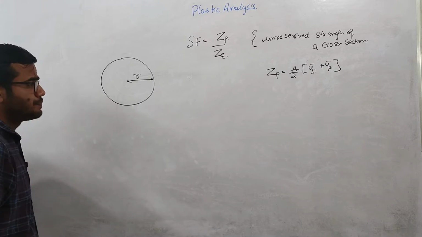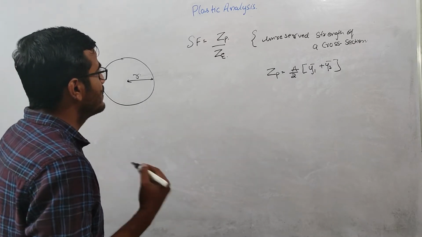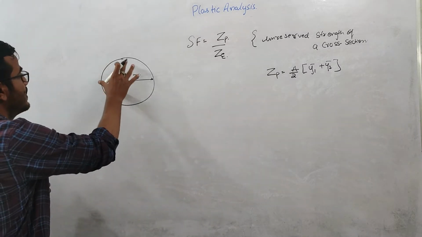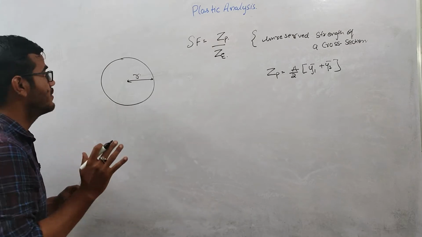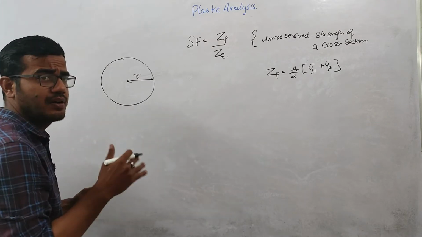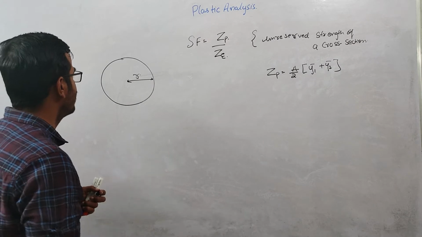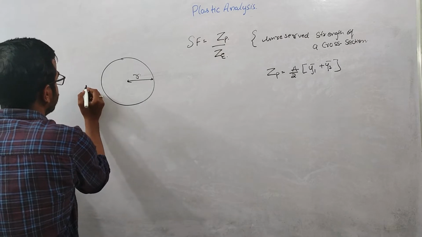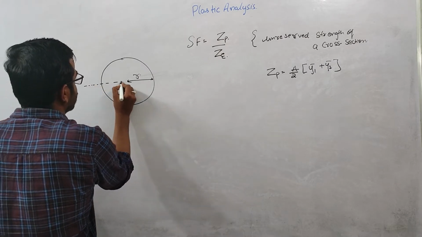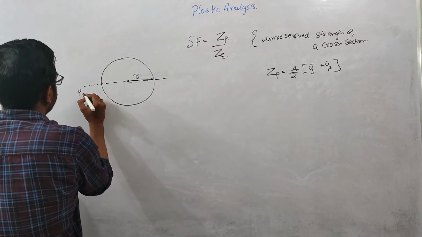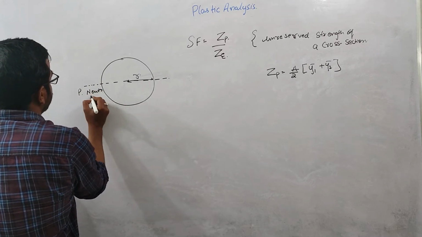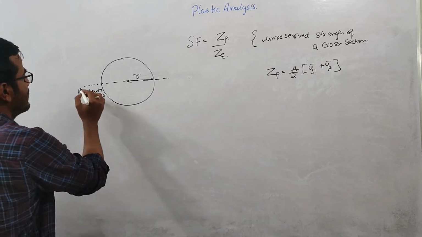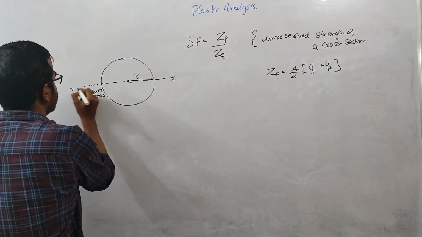When we are calculating the plastic section modulus, this section has yielded, which means each fiber has reached the sigma y value. When each fiber in this cross section has yielded, the neutral axis is termed the plastic neutral axis. The section is symmetrical about both the axes, let us suppose this is the x axis and this is the y axis.